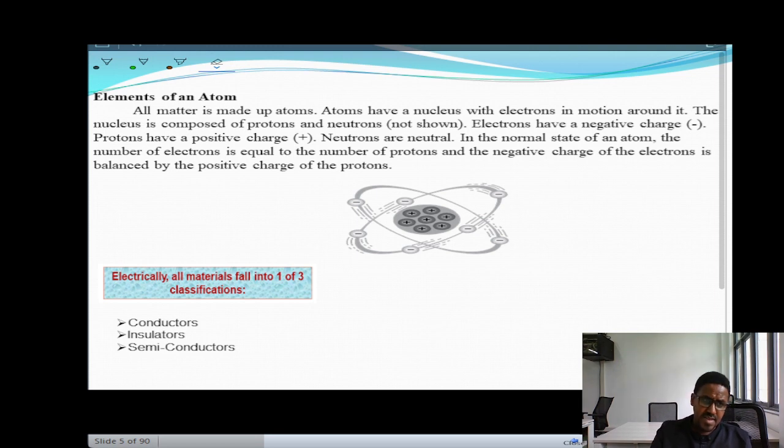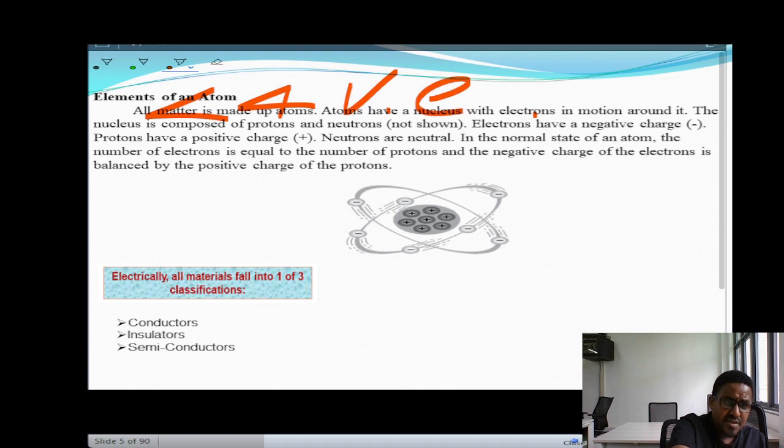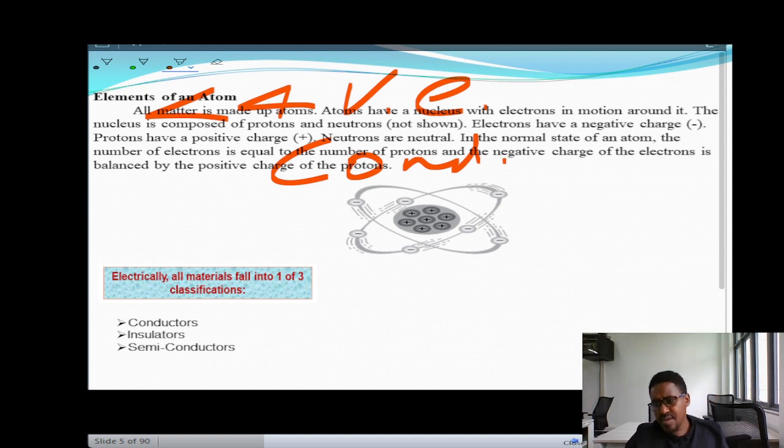So materials that have less than 4 valence electrons, we call a conductor. Conductors are materials that have low resistivity.